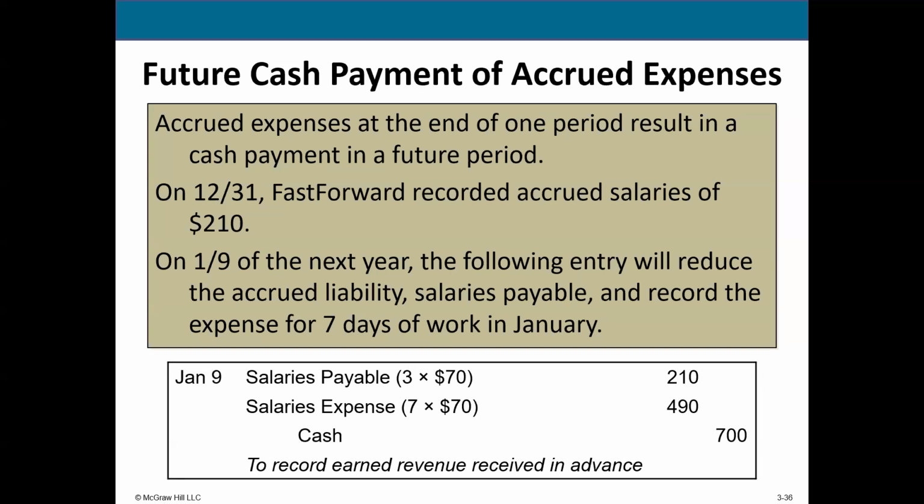Debit salaries payable for the 3 days, 210. Debit salaries expense, 490 for the full week thereafter, plus the 2 days. And I credit cash, 700. That's how we work with accrued expenses.